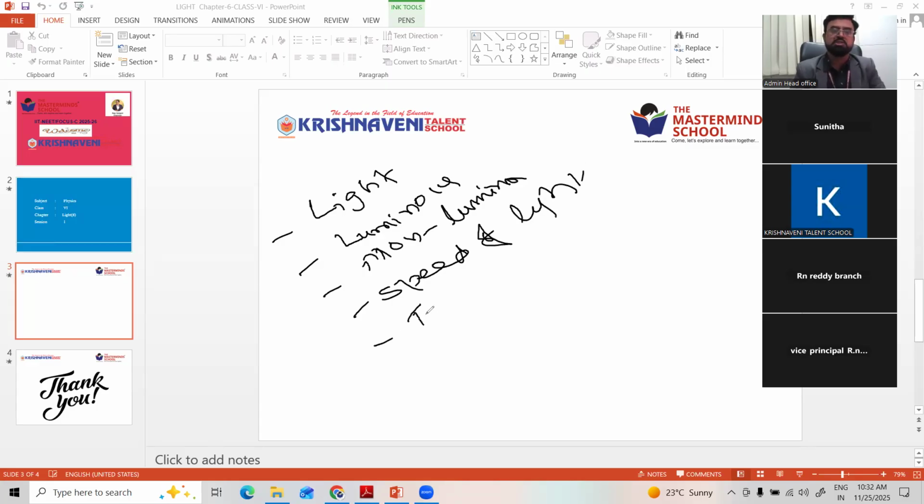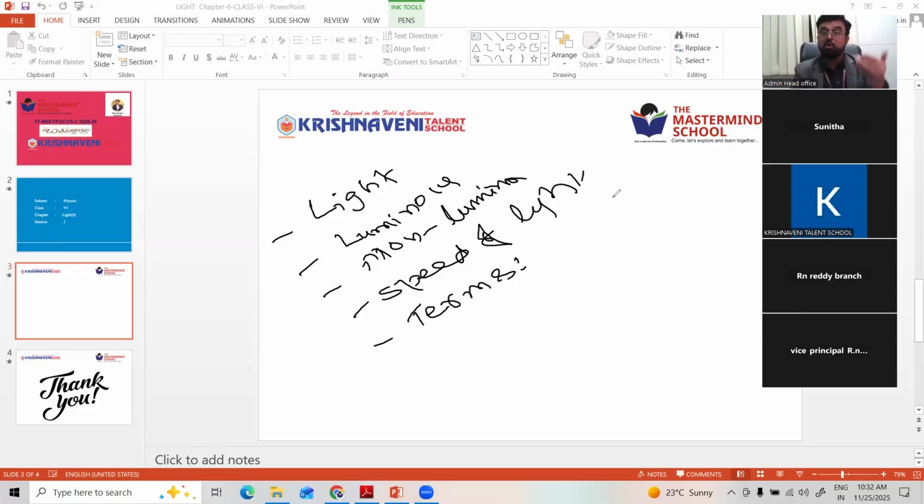Then terminology, some important terms like optical medium, homogeneous medium, heterogeneous medium, transparent body, translucent body, and opaque bodies or opaque mediums. All the mediums which are available in and around us are classified based on how they allow the light to pass through them. Those which completely stop the light, like brick, stone, and all metals, are called opaque mediums.